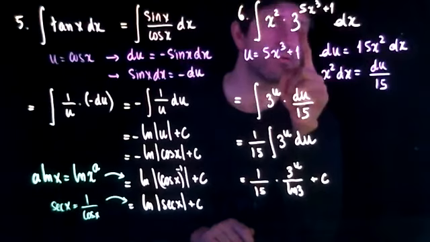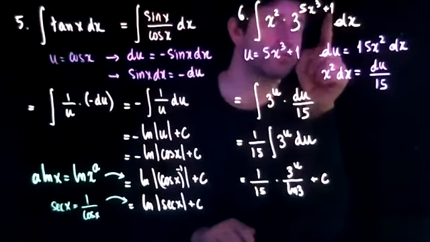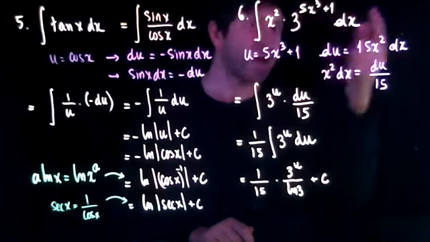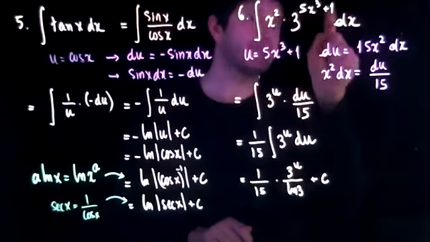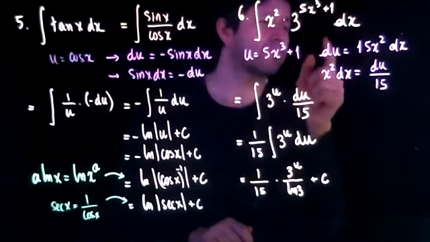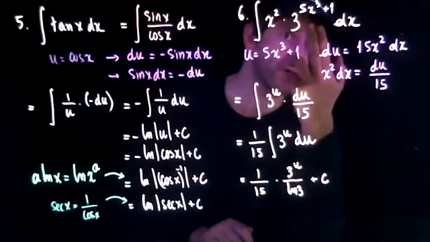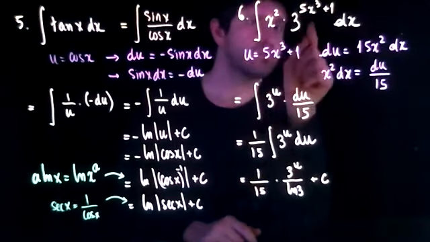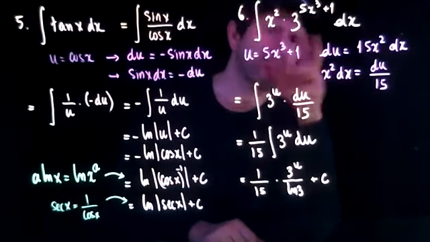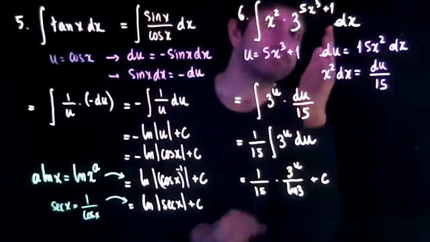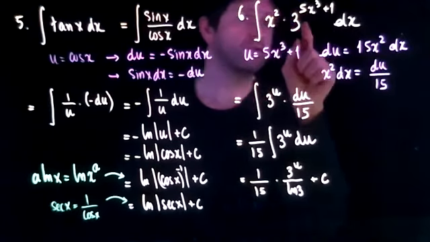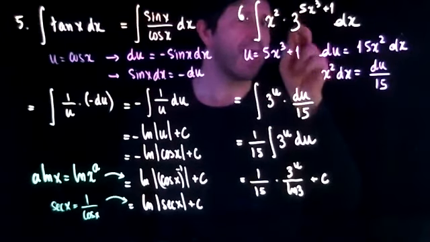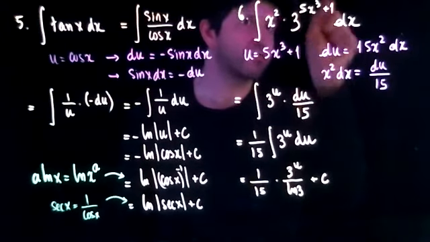The derivative of 3 to the power 5x cubed plus 1 is 3 to the power 5x cubed plus 1 times ln 3 times the derivative of that. There's a chain. So since there's a chain rule in this term, and I see two terms, this term doesn't have a chain rule. This one does. So already I'm more tempted to use a u in this term, in the interior function, which is the 5x cubed plus 1.